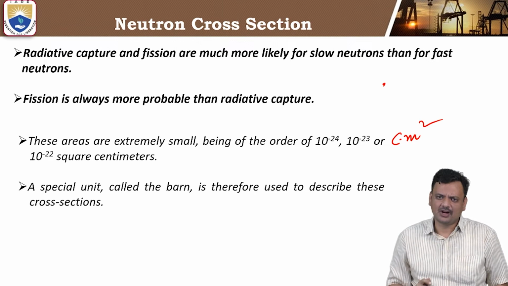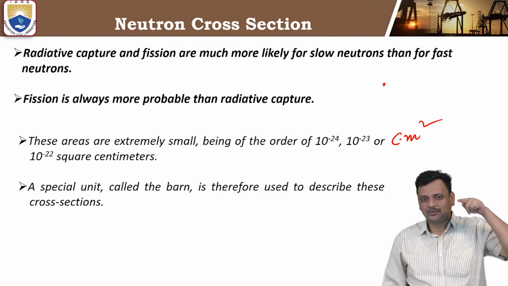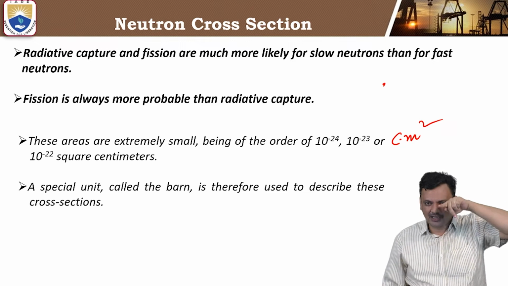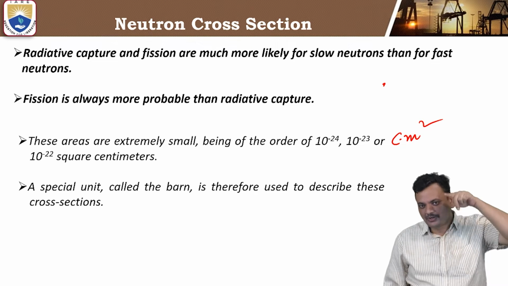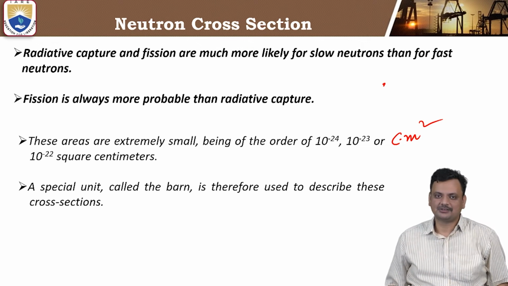You have to send your incident neutron or any incident particle near that region, and only then will it go for a nuclear process.